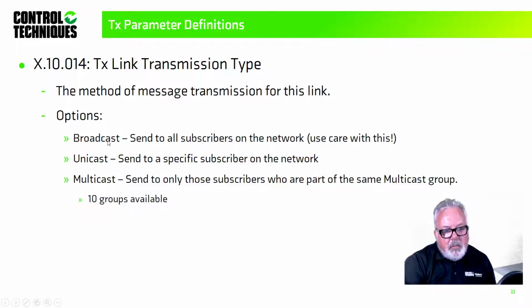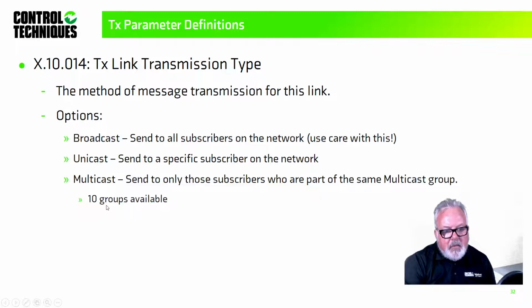If you only want to send the message to one member of the network, we'll use unicast then. And finally, multicast. Our Ethernet switch, our factory fit Ethernet, supports multicast groups. There are 10 groups available. So with multicast, you can send that packet to only the subscribers who are part of the same multicast group.